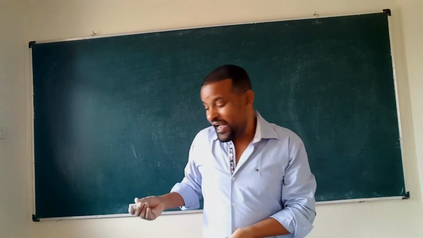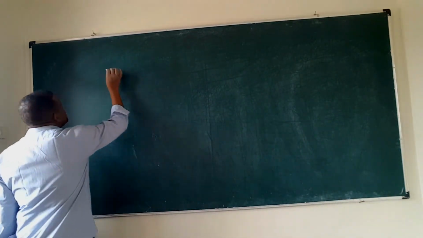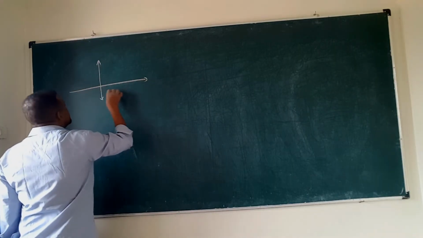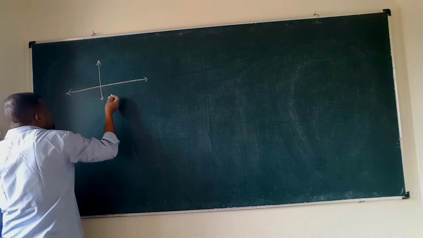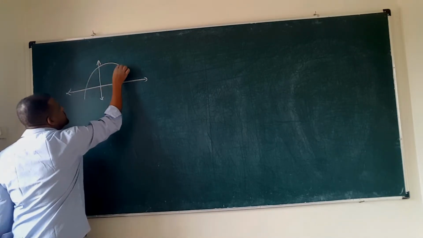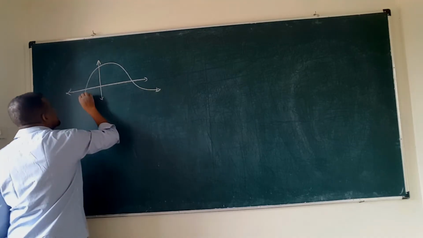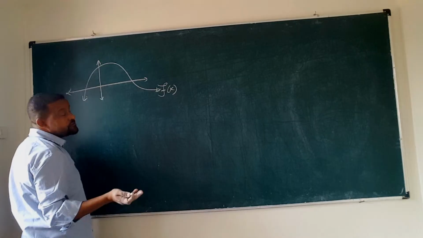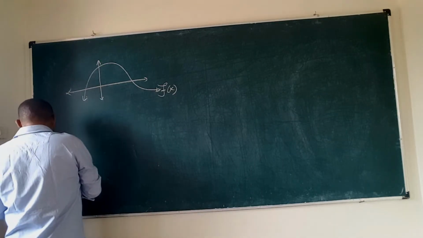Okay, geometrically, let's see geometrically. Suppose this is the y-axis, this is the x-axis, of course. Suppose there is a function, its graph is like this. Suppose this is the function f of x graphically. Okay, let's consider the interval.